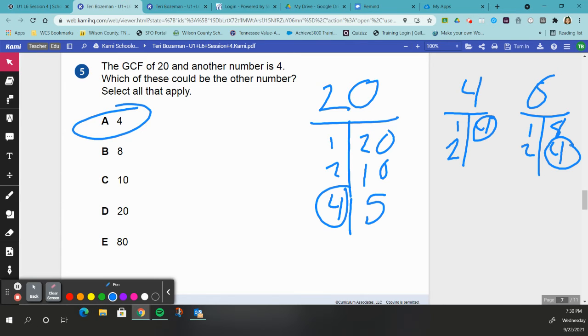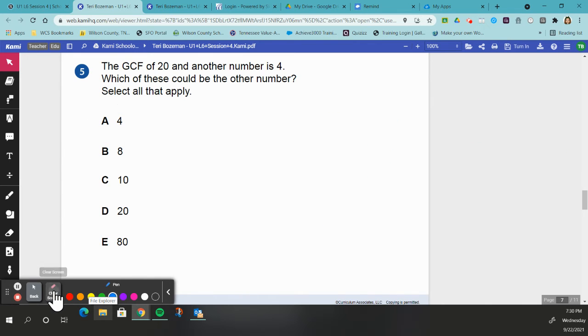So it does not apply to 80 because 4 is not the greatest common factor. You would have other factors that 20 and 80 share that are larger than 4. So those are our answer choices for number 5.